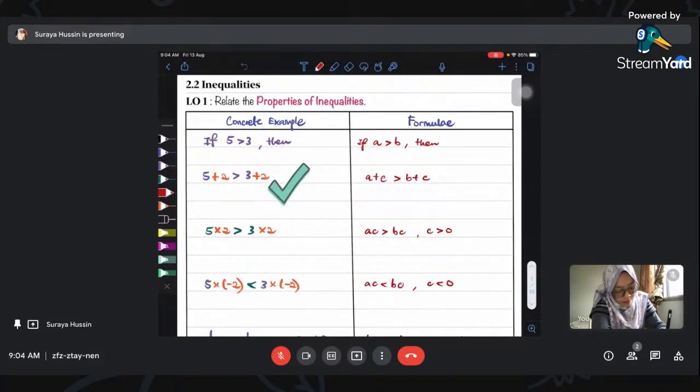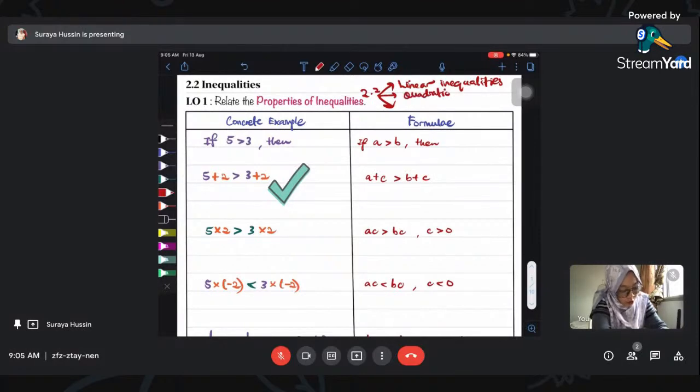So LO yang kedua, the 3 important things that you will learn is about linear inequalities. We have 3 things ya. Untuk 2.2, kita ada 3 perkara penting, which is linear.